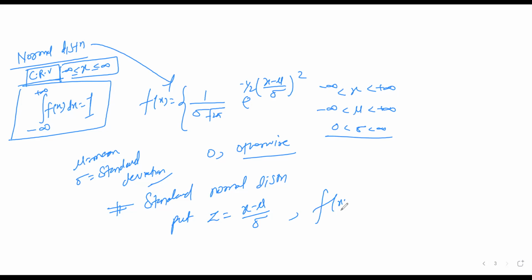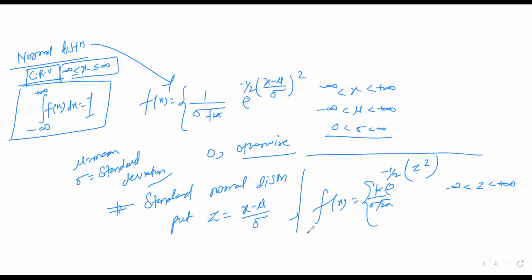So the function value will reduce to e raised to minus 1 by 2 z squared into 1 by sigma root 2 pi, where z now varies from minus to plus infinity. This is called a standard normal variable. If you are converting the random variable x into a standard normal variable, you need to substitute z equal to x minus mu by sigma.